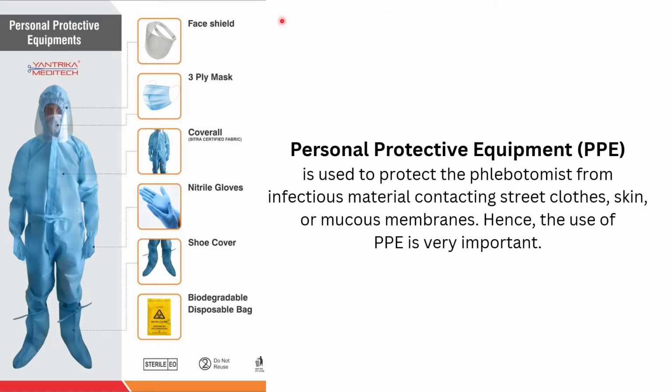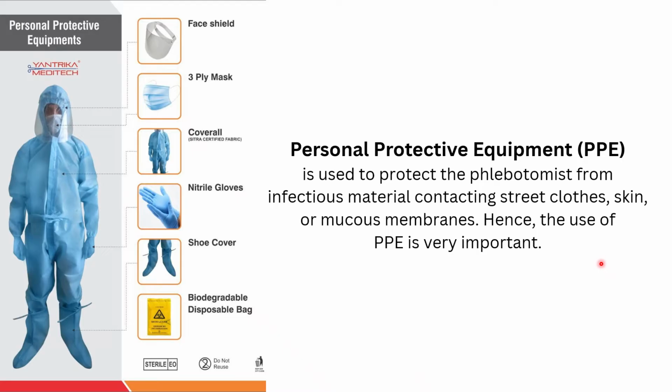On the left here, class, you can see that this is a complete personal protective equipment picture. So these items here, class, are used to protect the phlebotomist or the laboratory personnel from infectious material from contacting street clothes, the skin, or the mucous membranes.